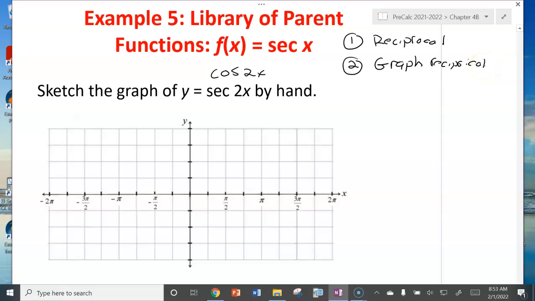So graphing cosine of 2x, amplitude equals 1, period is going to be pi, and C is 0, D is 0, so I'm going to start here. I'm going to end here, and this is cosine, so instead of starting at 0, I'm going to start at 1, and I'm going to end at 1.